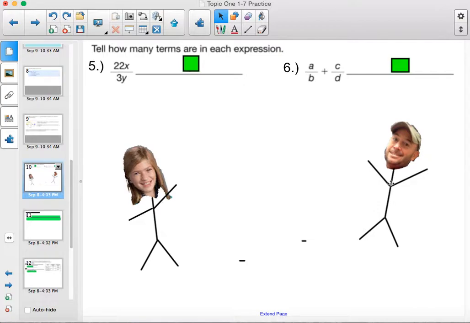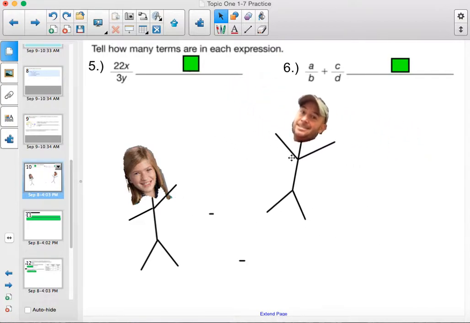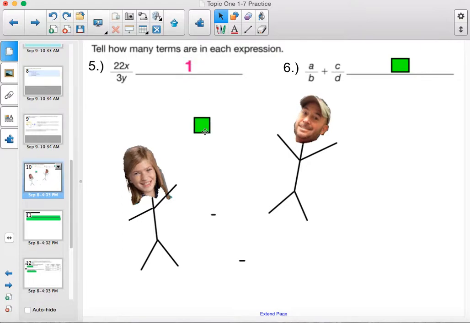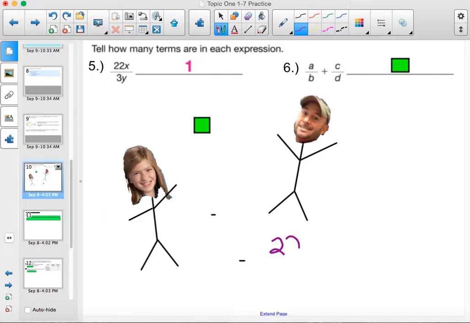Okay, here we go. In this expression, we have a total of 1 term. And the reason we have 1 term is simple, because we don't have any addition in here. We have 22 times x divided by 3 times y. So in other words, if we set this up, it would be 22 times x divided by 3 times y.